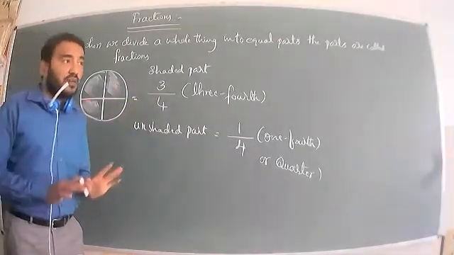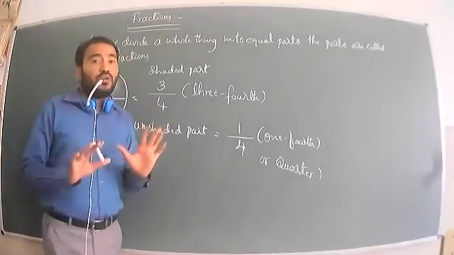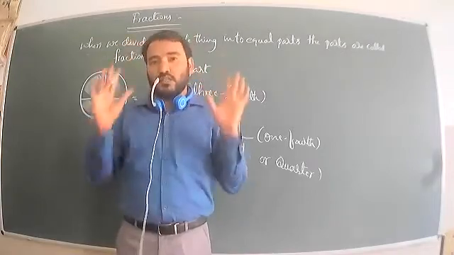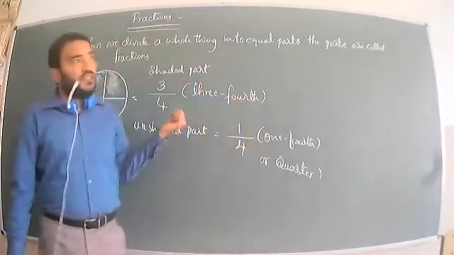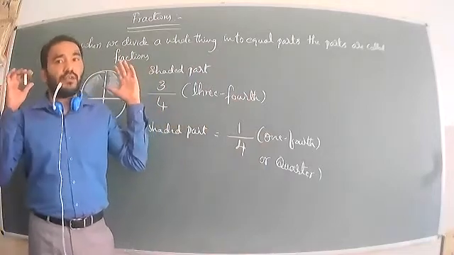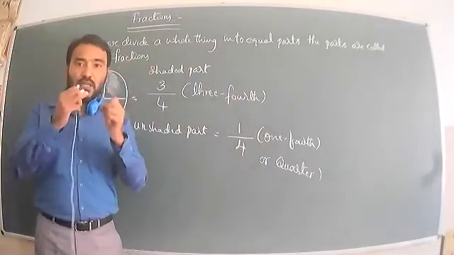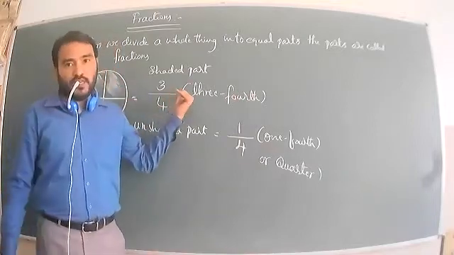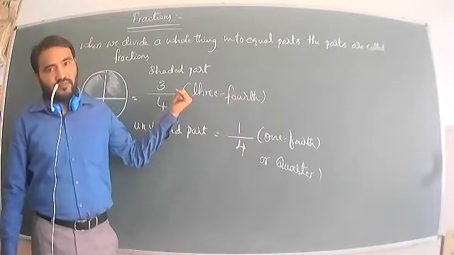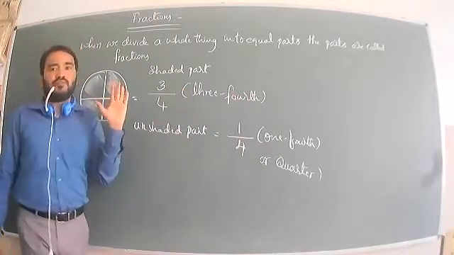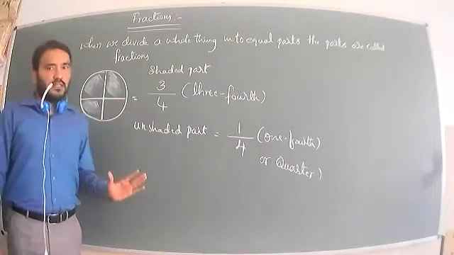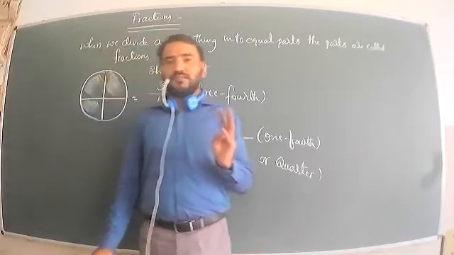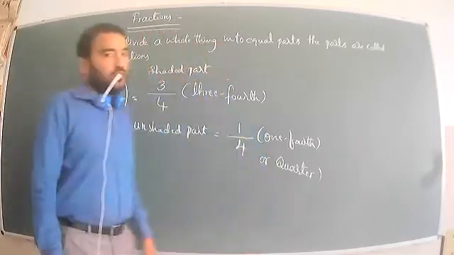The denominator expresses the total number of parts in a whole. Keep in mind, how many parts are there, the total number of parts. The numerator expresses the value of the fraction, how many parts we take and how many we do not take. Now, the types of fractions: proper fraction, improper fraction, then mixed fraction.